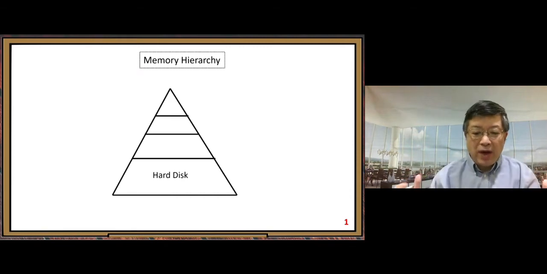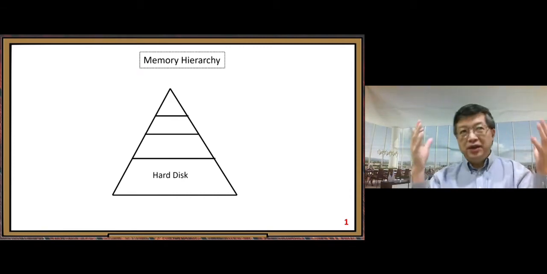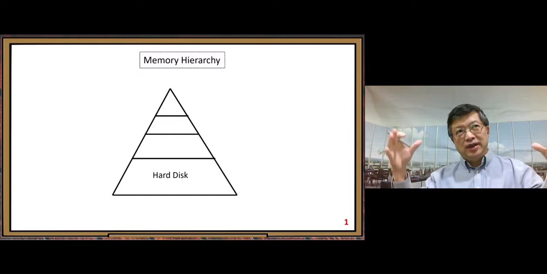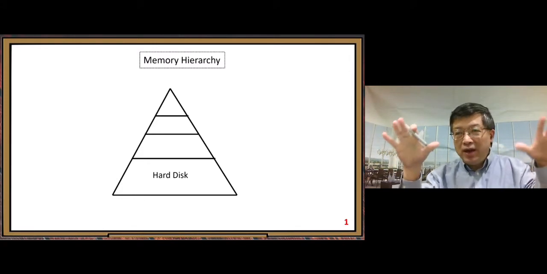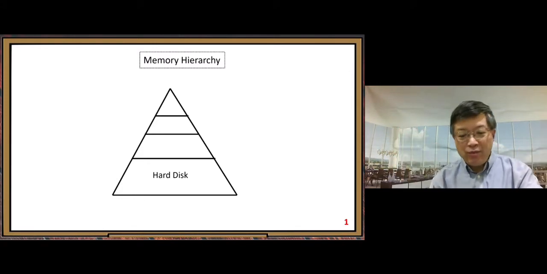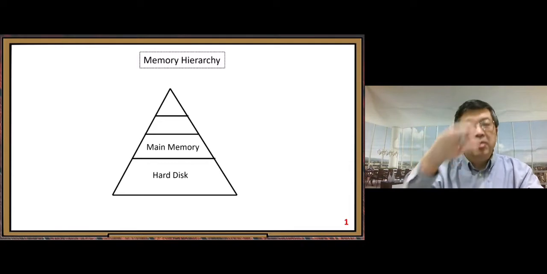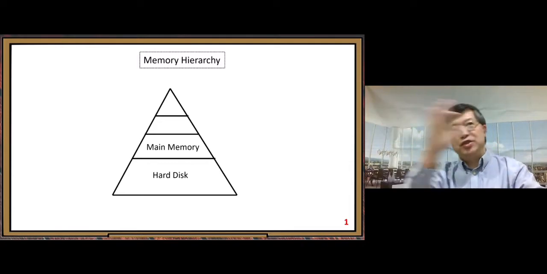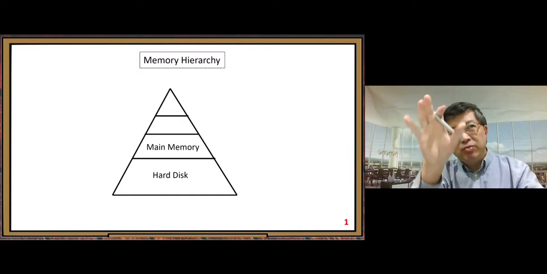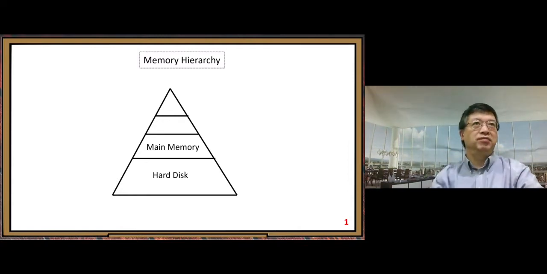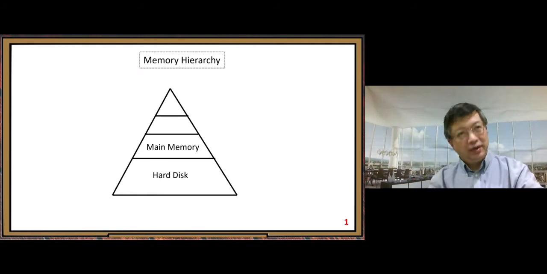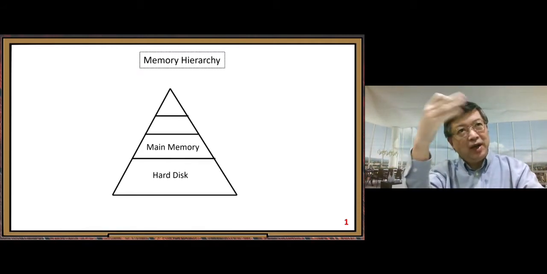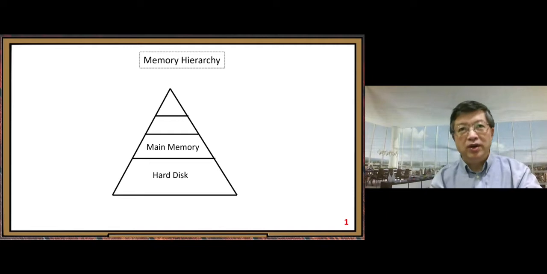First, the bottom level, hard disk. We know hard disk is pretty big in storage space, so right now, we put it at the bottom level. Then move 1 level higher, main memory. The storage space is much smaller than hard disk, but still pretty good for a computer doing a lot of computing work.